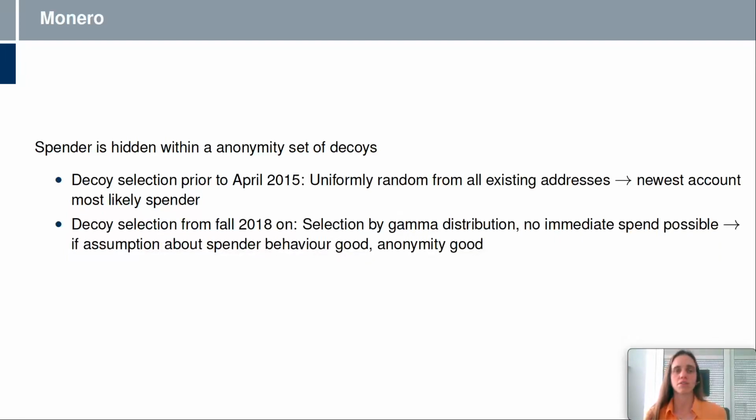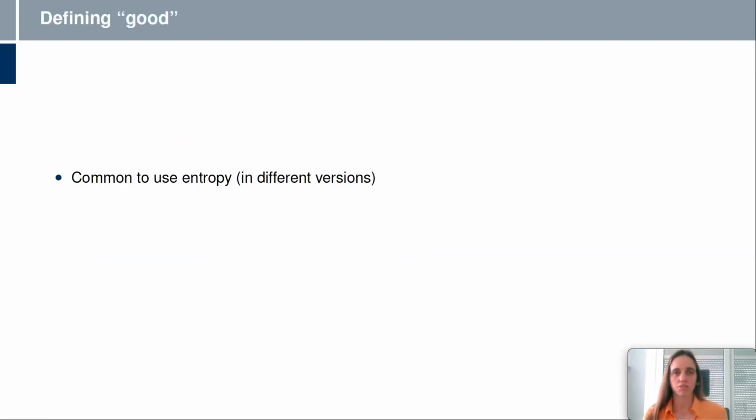But now, what do we mean by the distribution is good? And how do we define this? So in other areas, we already use entropy to define such things. This is used in mixnets and also in anonymous communication, for example.